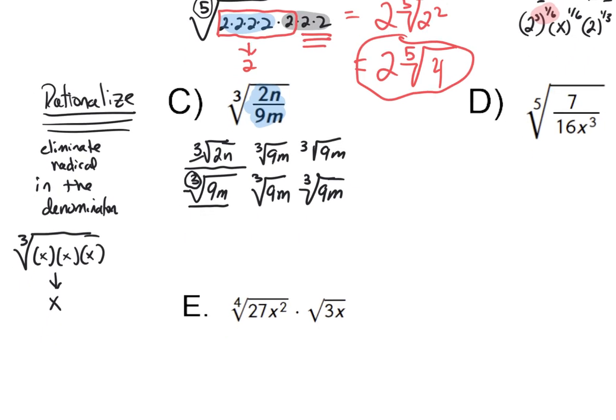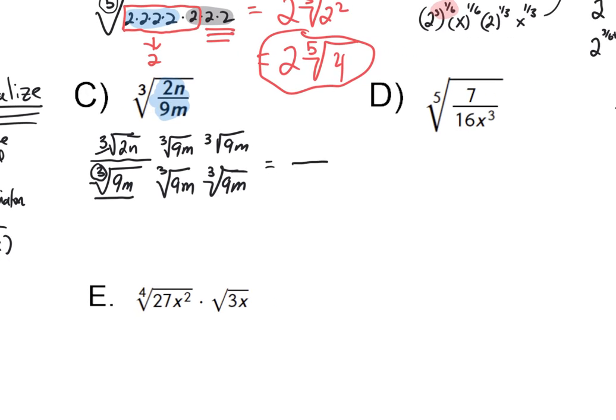Now, what does that look like? Well, in the denominator, I'm going to have the cube root of 9m times 9m times 9m. And on top, it's going to be the cube root of 2n times 9m times 9m.